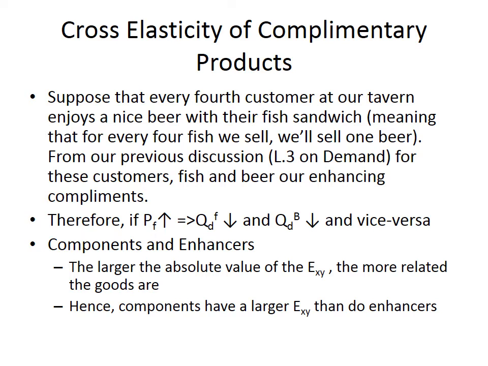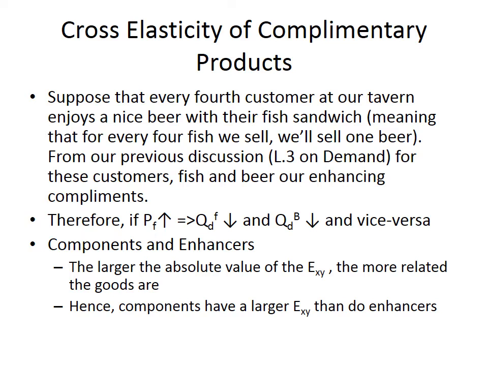If they're really closely related, such as computers and microchips, or Coke and high fructose corn syrup, which is the sweetener used in Coke, they're completely related. They're in lockstep. You can't have Coke without high fructose corn syrup. So if demand for Coke changes, it's going to be a lockstep change in the demand for high fructose corn syrup. So the more related they are, the larger that number is going to be.